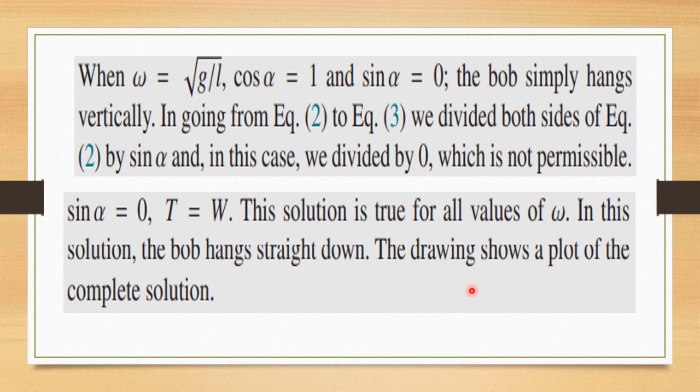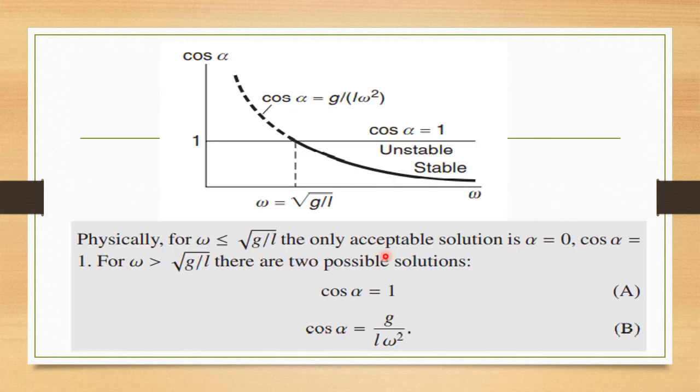So you can see a plot connecting cos alpha and omega. This is the graph connecting cos alpha and omega. We have drawn a curve like this for cos alpha equal to g by L omega square.